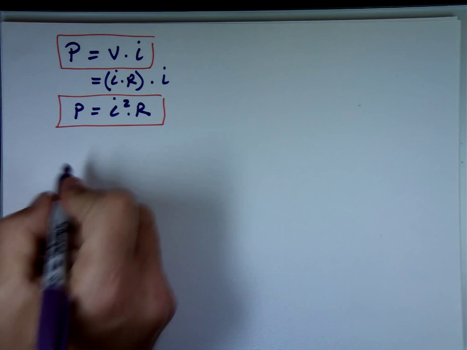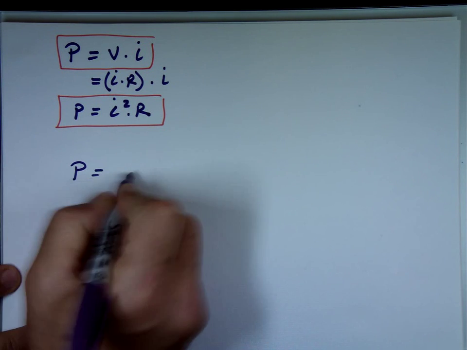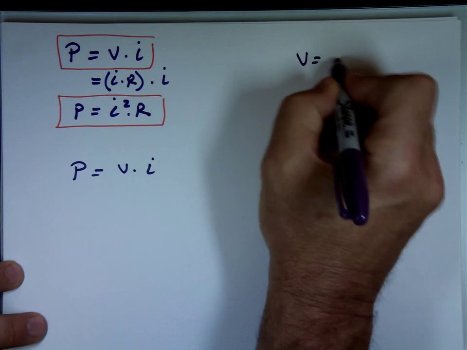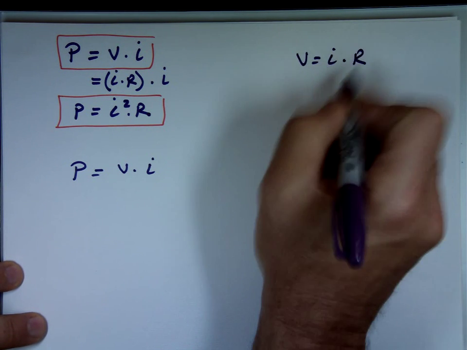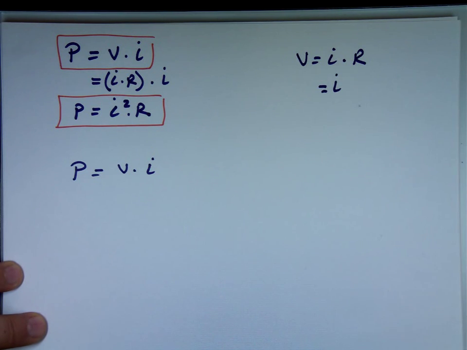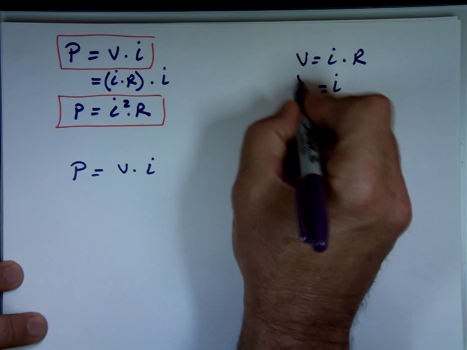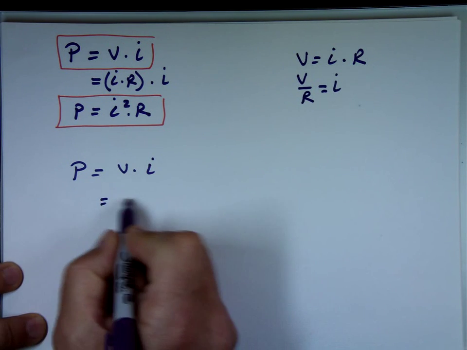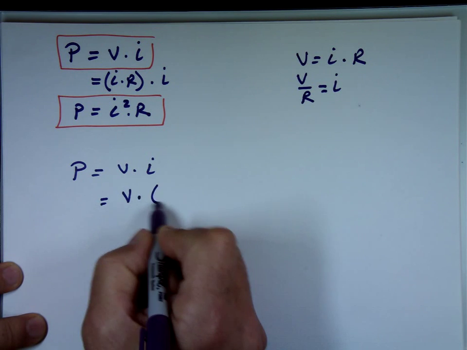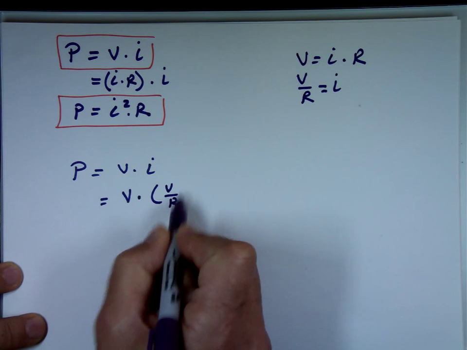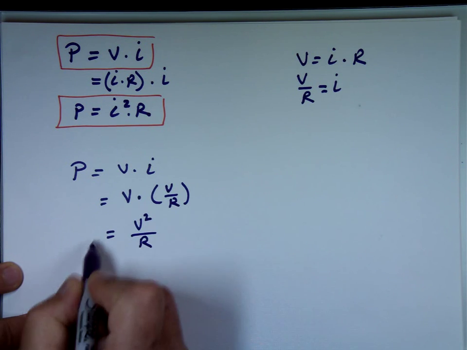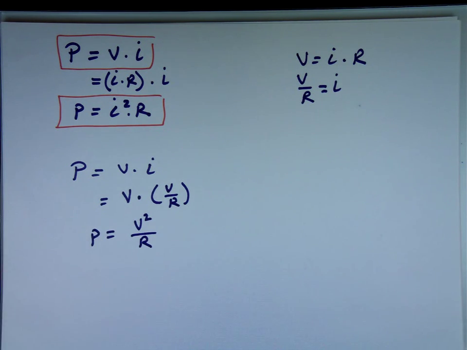And a third one, again, we can derive. Power is V times I. Going back to Ohm's law, V equals I times R, so what is I equal to? V over R. So if you do that substitution, V times, in place of I, we'll put V over R. You end up with V squared over R. So 3 ways to calculate power.